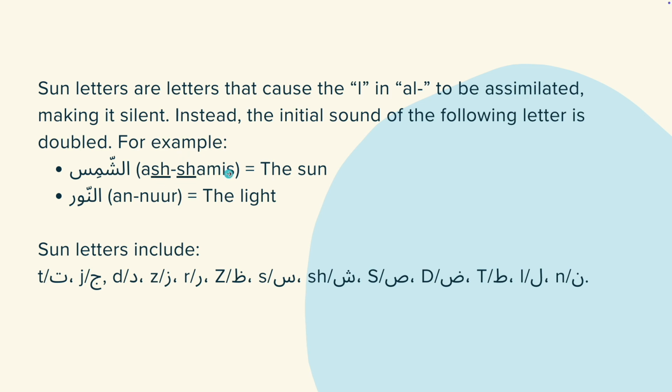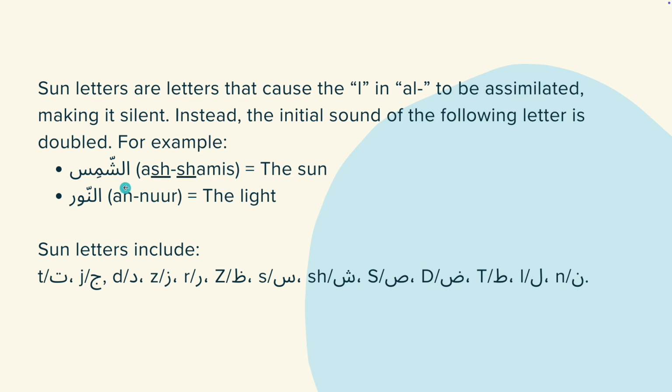So it's pronounced ash-shamis. Another example is the word for the light in Sudanese Arabic, which is an-nur. Originally it's supposed to read al-nur, but since n is considered a sun letter, the L is gone. So it's an-nur.